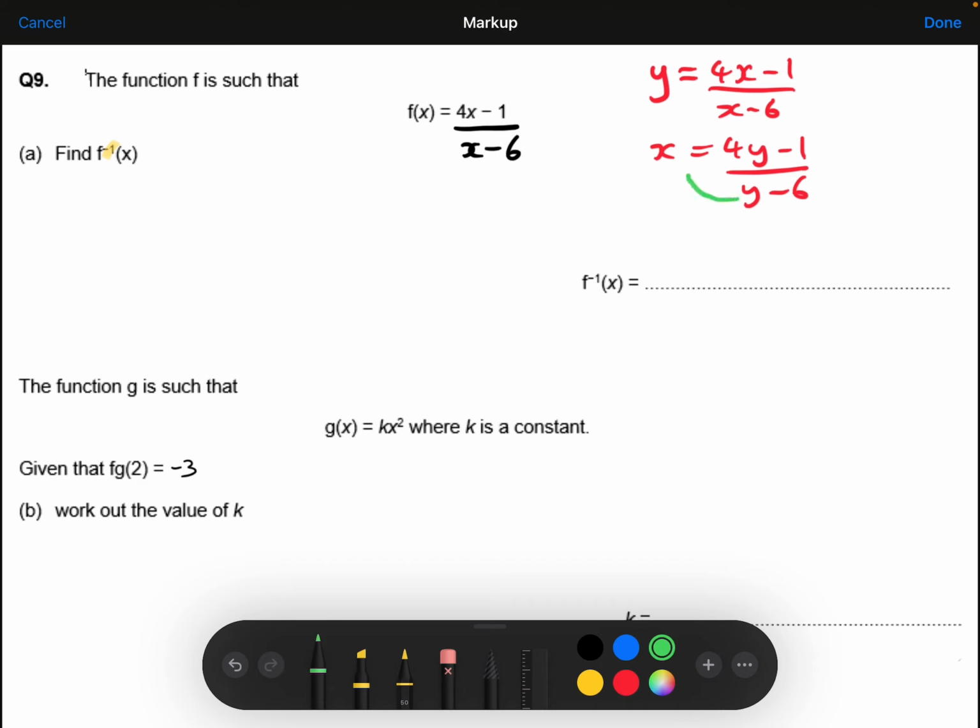So I'm going to get rid of the fraction by multiplying both sides by y minus 6. I'm then going to expand these brackets, so x times y is xy, x times the minus 6 is minus 6x.